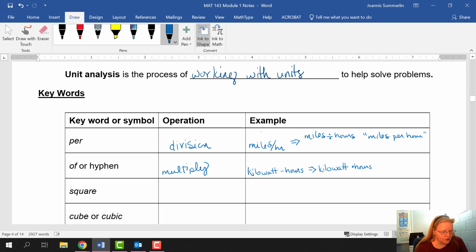Square is raising to a second power. For example, feet times feet is feet squared. You can say square feet.